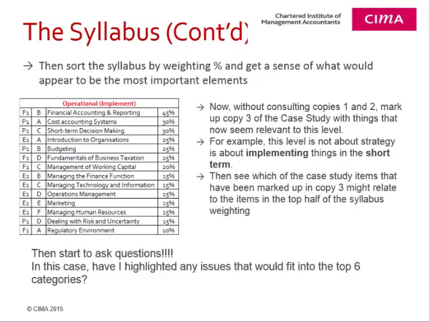The most important things are going to be the top part of these weightings. So this level is not about strategy, it's about implementing things in the short term, and we can then see which of the case study items you've marked up in copy 3 might relate to the top half of this syllabus.